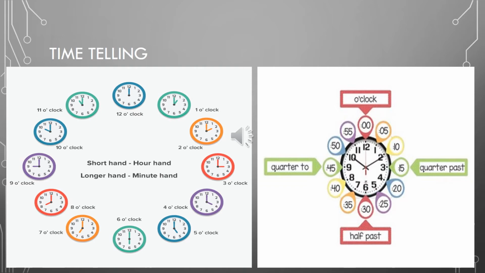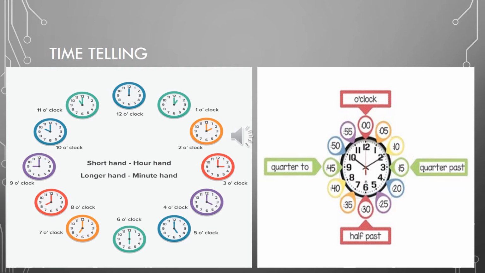And similarly, 6 is going to tell you about 30 minutes. And 7 is going to tell you about 35 minutes. And 8 is going to tell you about 40 minutes. And 9 is going to tell you about 45 minutes. 10 is going to tell you about 50 minutes. And similarly, 11 is going to tell you about 55 minutes.